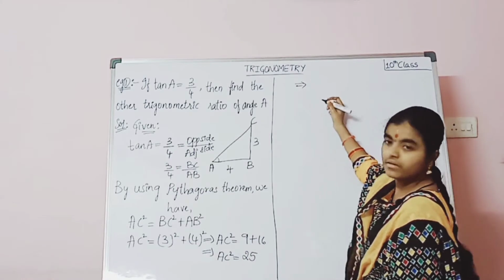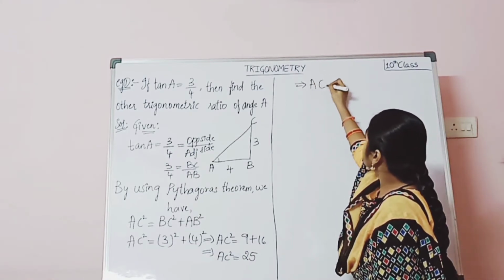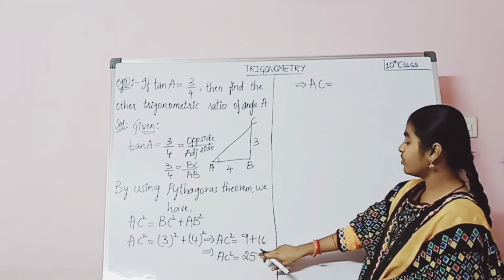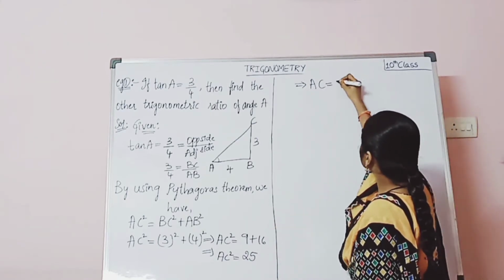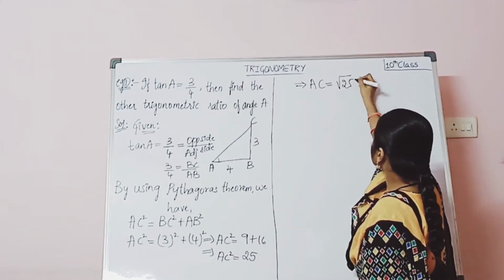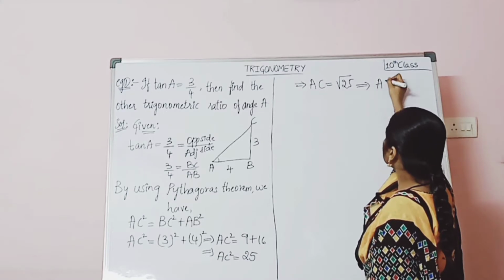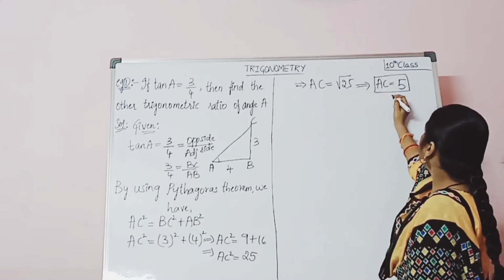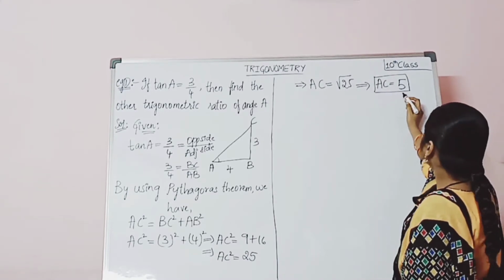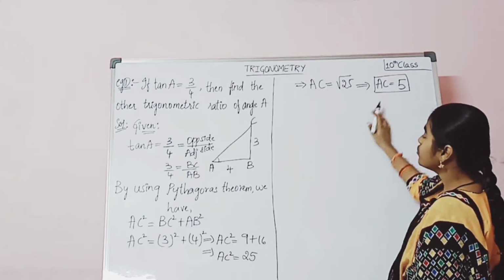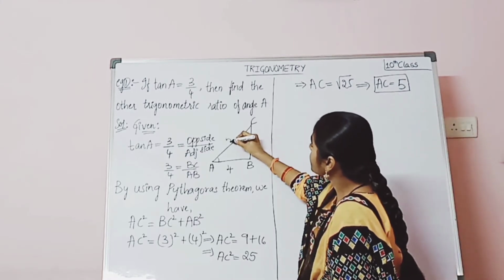That implies AC equals root 25, which is 5. We got 5, so this is the hypotenuse.